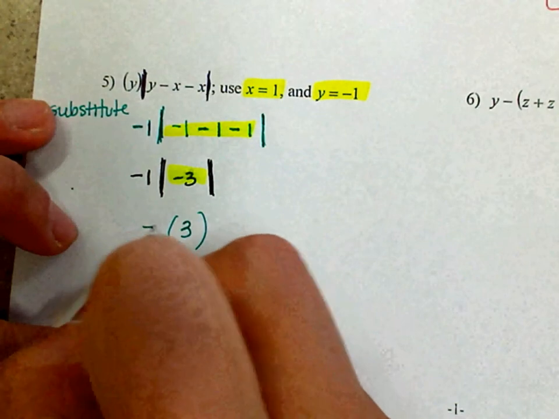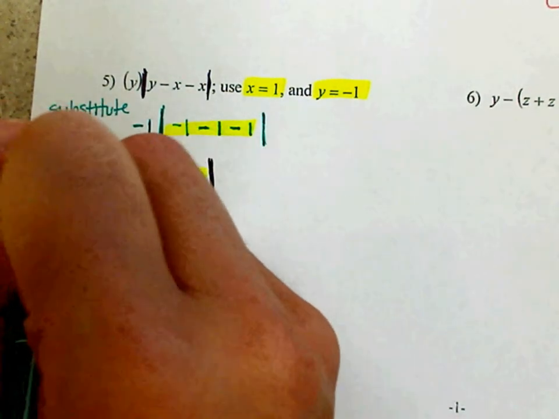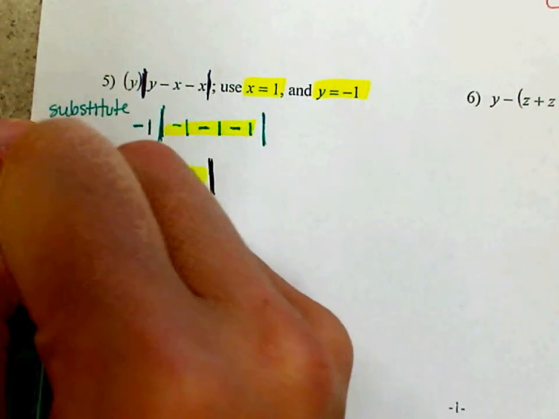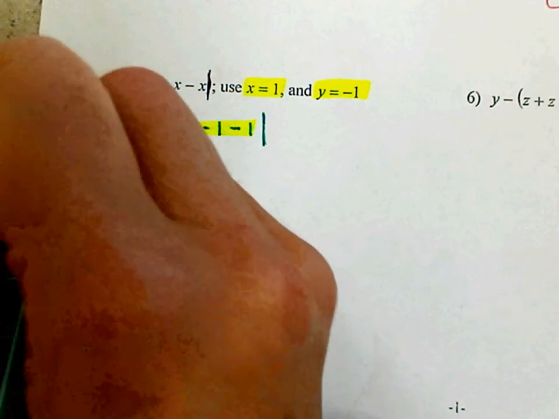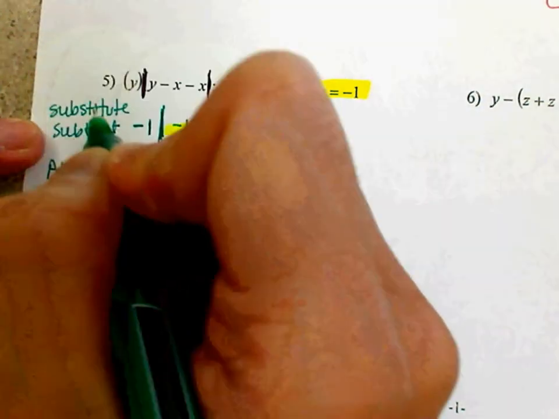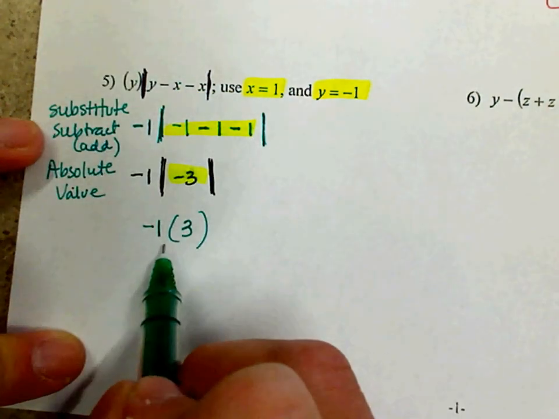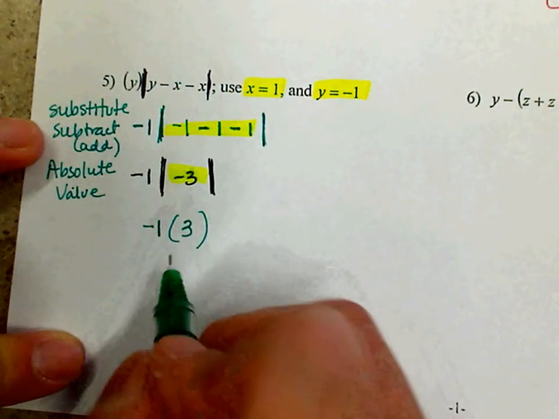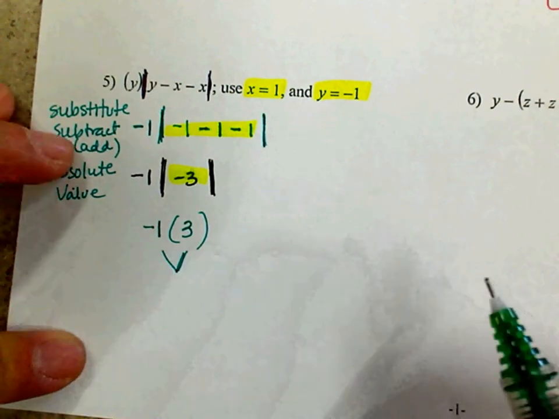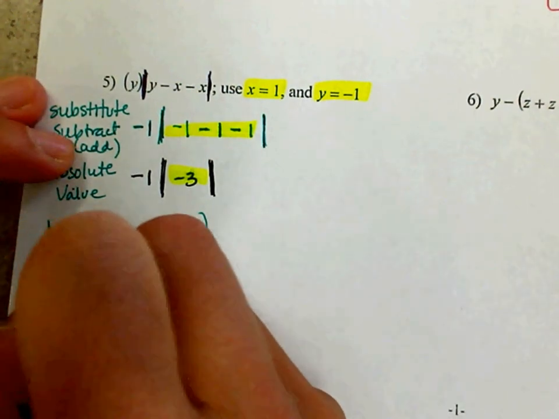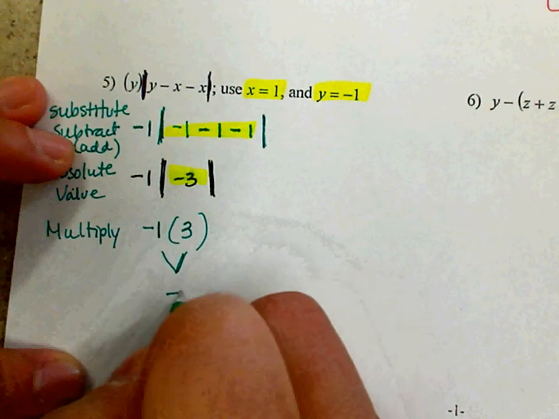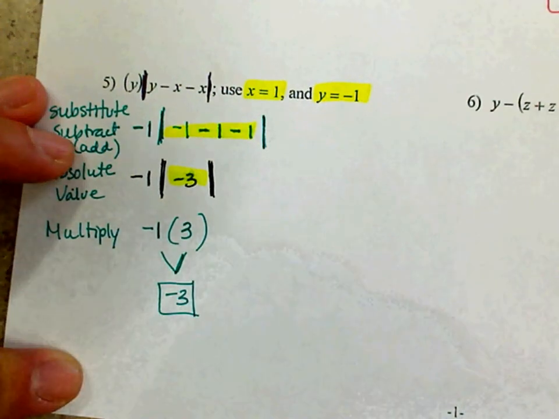So you take an absolute value right here. You subtract right here. Or add negatives. Your choice. Now, do you see how they're next to each other like that? That's a multiplication. So what is -1 times 3? -3. Very good. They're opposite signs. And there you have your solution.